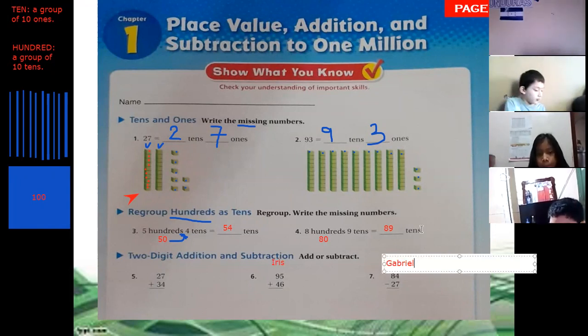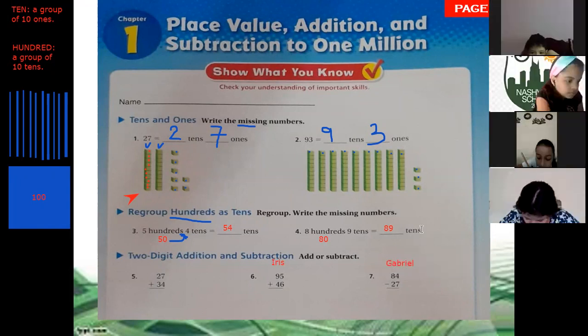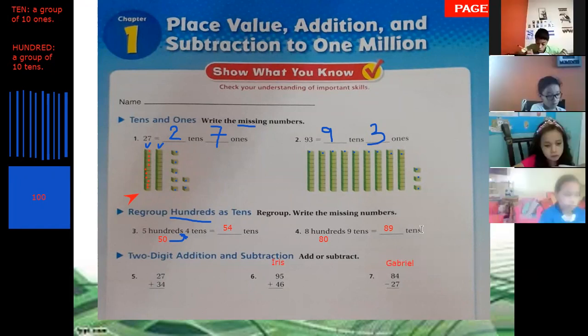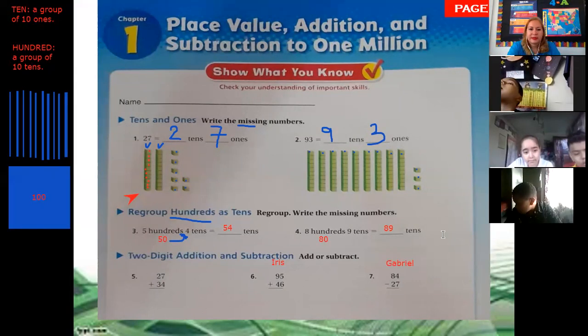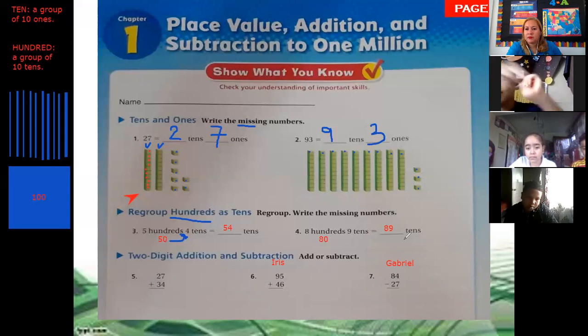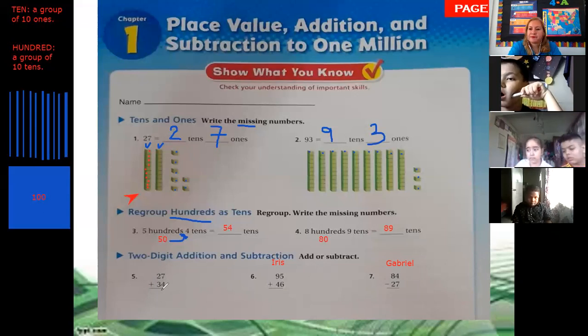Hazel, let's do the first one. 61. 61, the first one. 7 plus 4, Hazel. Hazel, your microphone. 61. But how much is 7 plus 4?